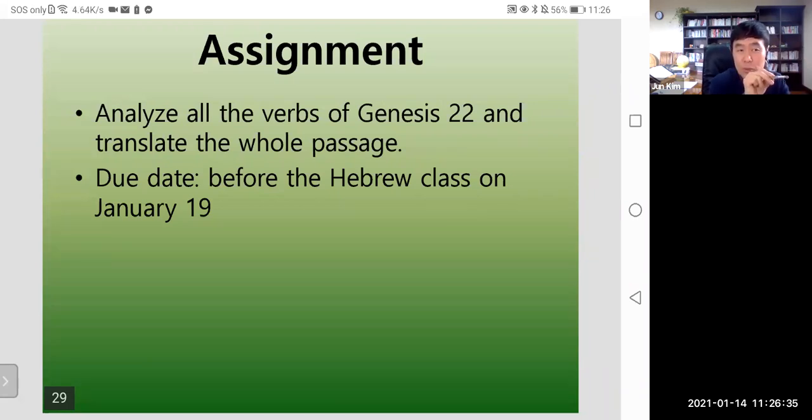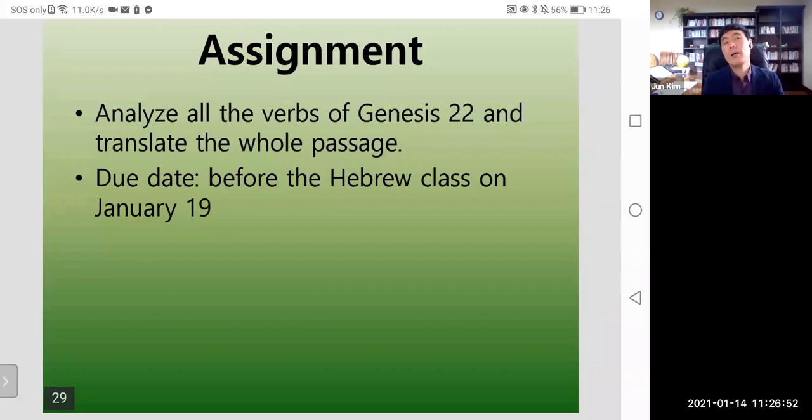And then when you move on to verse 2, start with the number 2, so that we can see that those verbs belong to verse 1. Okay?